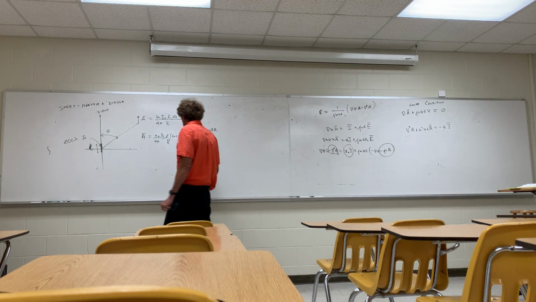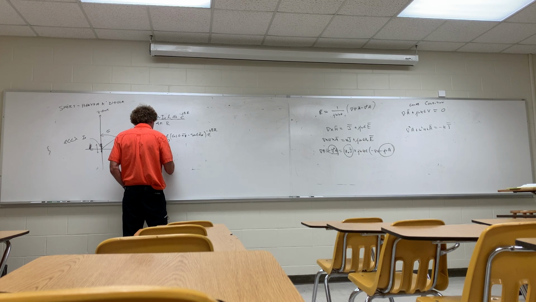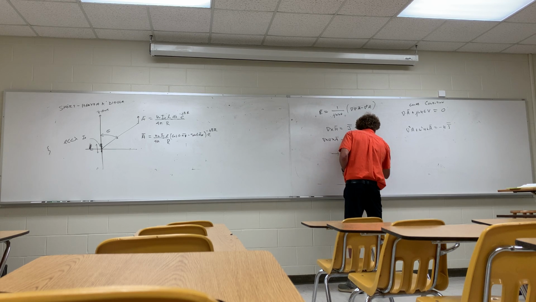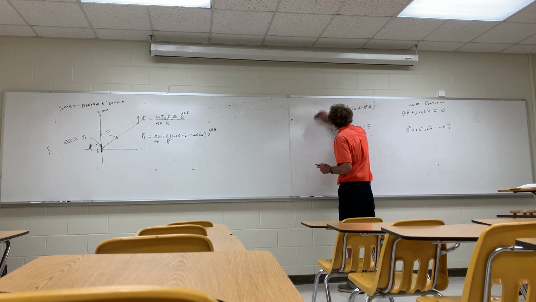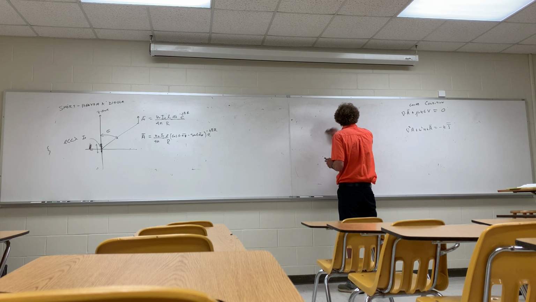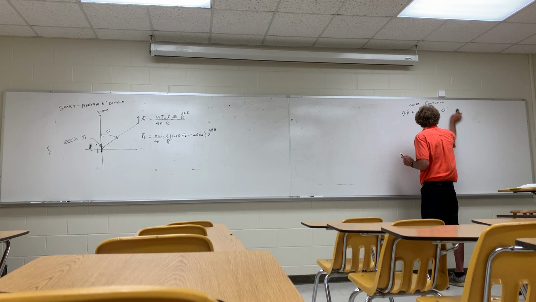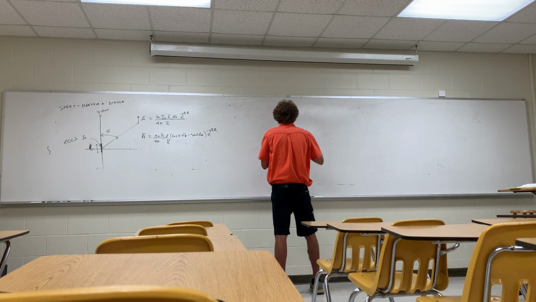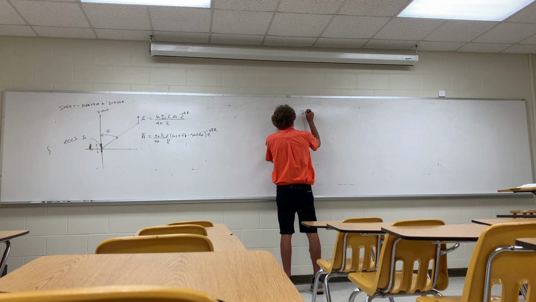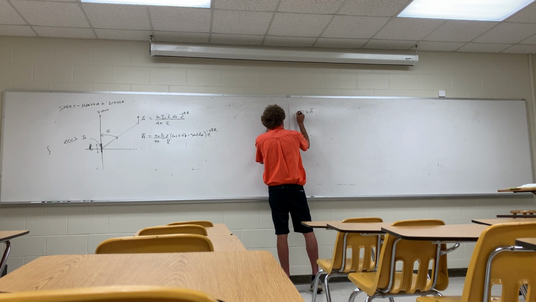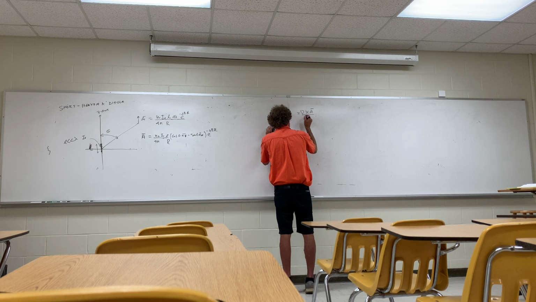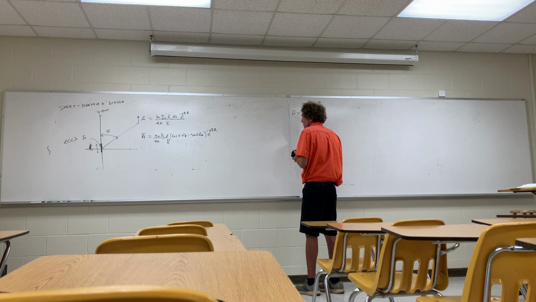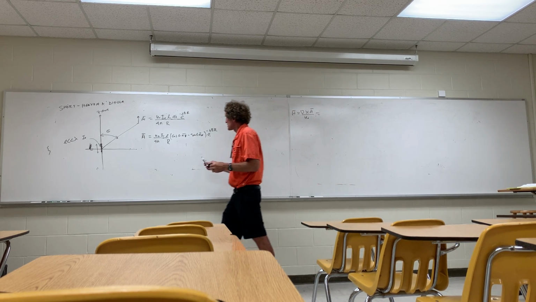So now I know that the curl of A divided by mu naught is equal to H. When we take the curl of A, I have to take the curl of all this, but what I can do is take the constants out in front.